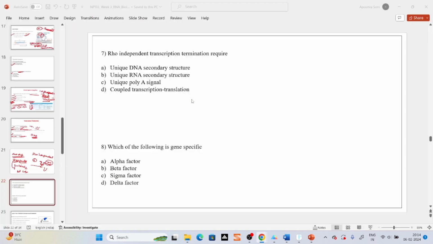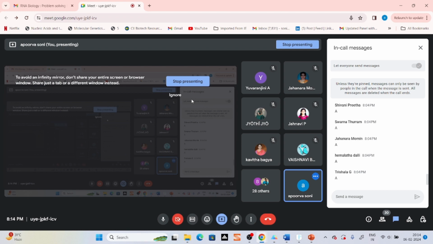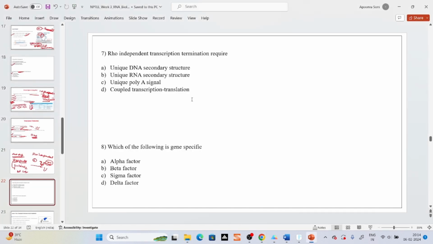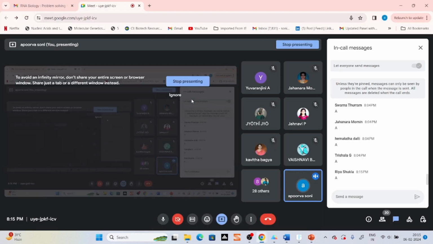Anybody? Answer whether it is right or not, just tell me what you think about it. Rho independent termination requires what? What does it require? So you are saying A.